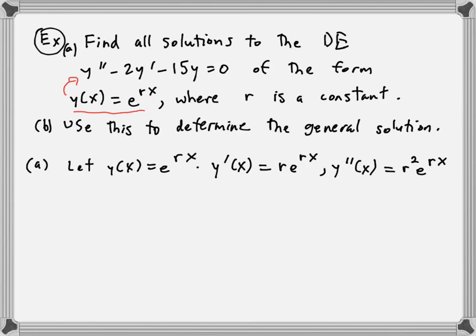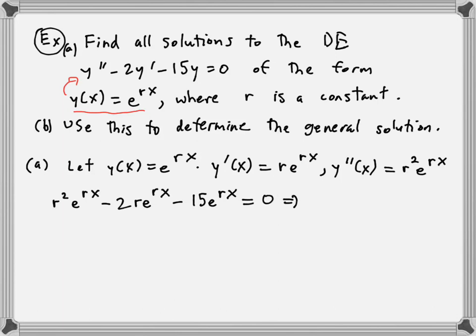So if we plug it into the differential equation, we get the following. r squared e to the rx minus 2 times y prime, so r e to the rx, minus 15y, so minus 15 e to the rx is equal to 0.